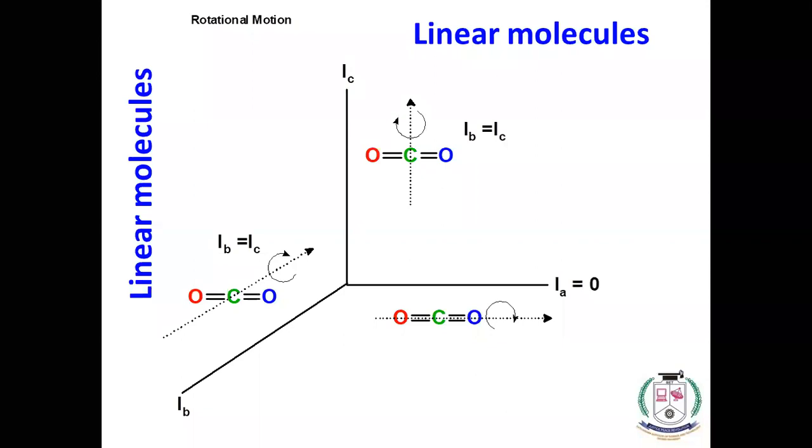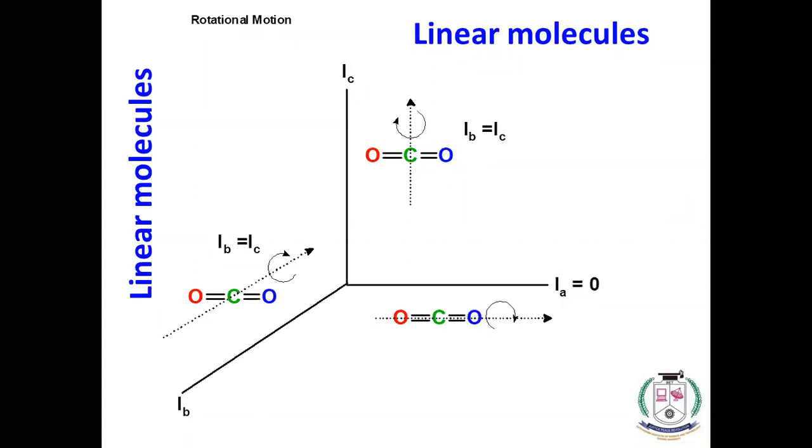If the rotational axis is going through oxygen, carbon, and oxygen, what happens to the moment of inertia? It will be 0. That is, IA is 0.